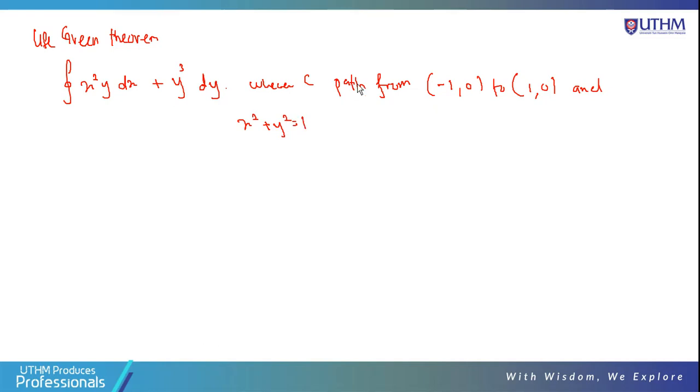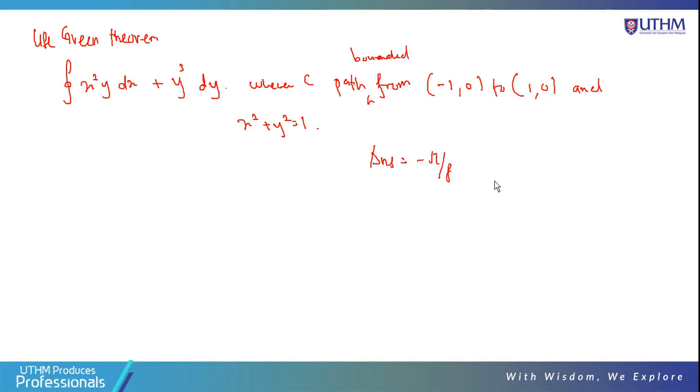Okay, the path bounded from 1 to 2, and x kuasa 2 y kuasa 2 equal to 1. Okay, you need to solve this one using the Green theorem. So this one line integral lah. Okay, so sama macam Green theorem tadi, cuba selesaikan. Okay, so jawapan dia negative pi per 8.